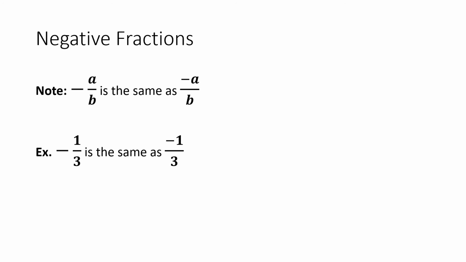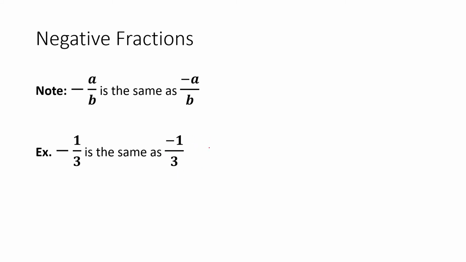Okay, so let's say we have negative and then a fraction a over b. Well, we can change that into negative a as your numerator, all over b. So let's say we have negative 1 over 3. We can change that to negative 1 all over 3.